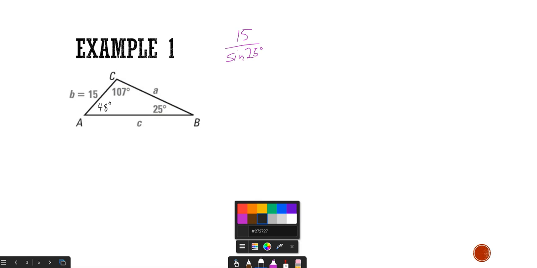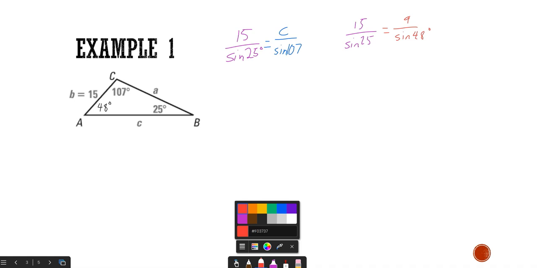So that means I can find these other two sides. For one of our equations, we can set 15 over sine of 25 equal to C over sine of 107 degrees. Or I could say 15 over sine of 25 is going to be equal to A over sine of 48 degrees.